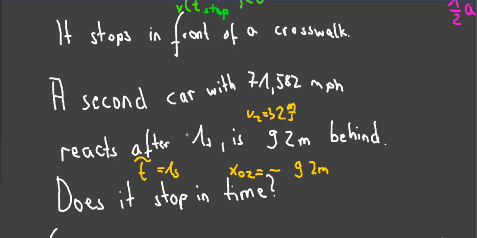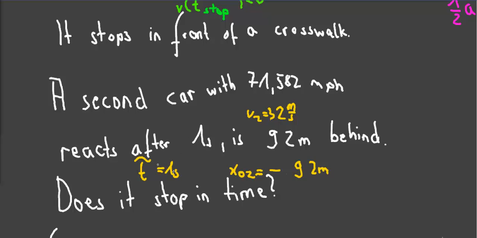It does not mean that the t0 of the second car is 1 second, because the second car still drives from the 0th second, but it reacts after 1 second. We don't start to measure the second car only after 1 second. The car still drives between 0 seconds and 1 second, only that in this time it has not decelerated.